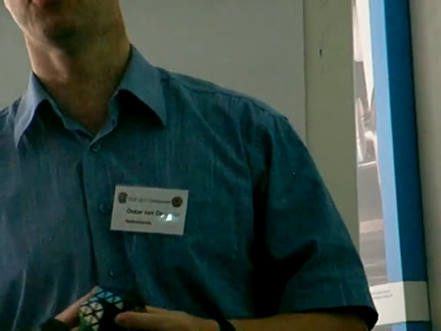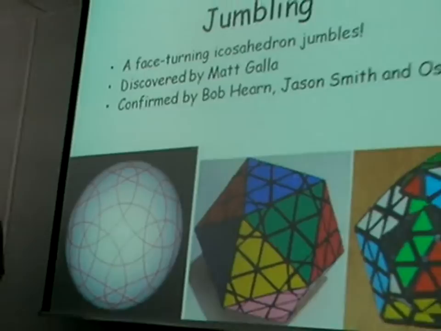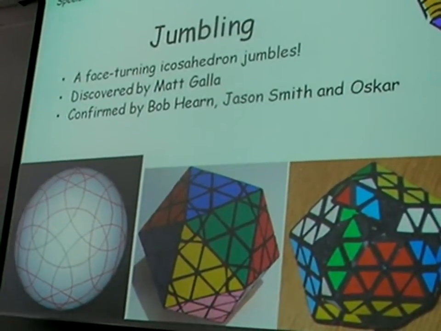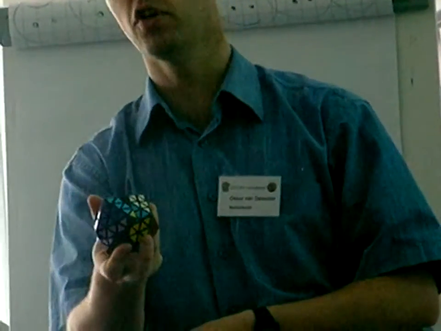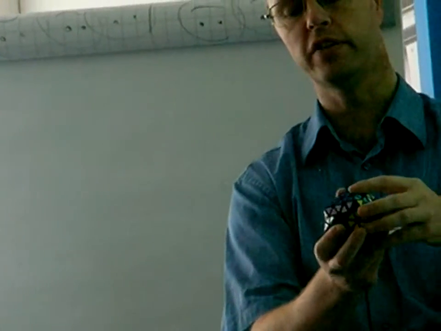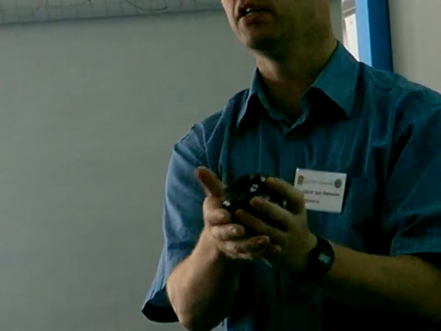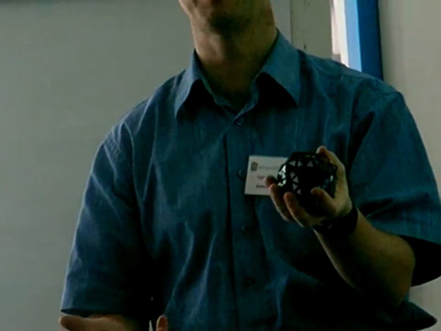And the funny thing is, both Jason Smith and Bob Hearn already had the face-turning icosahedron in their possession for half a year, but it was only after Matt Gala said, hey, your puzzle jumbles, that they discovered that their nice puzzle, when they turn one face, not by the well-known multiples of 120 degrees, but something like this, you can turn another face, and you can keep on turning. So this is really a very strange way that the puzzle scrambles, and it's definitely not doctrinaire.